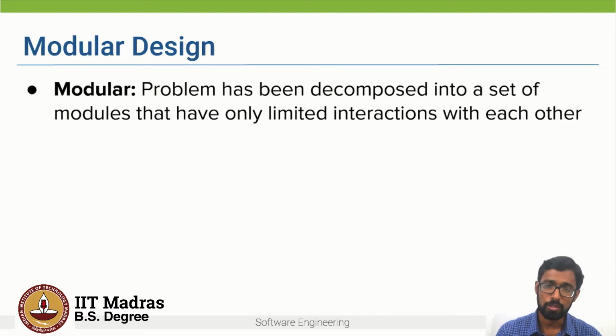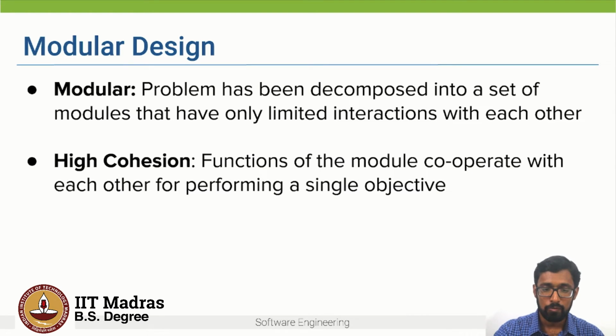Then we looked at two terms, cohesion and coupling. When the functions of the module cooperate with each other for performing a single objective, then we say that the module has high cohesion. Whereas if the functions of the module do very different things and do not cooperate with each other to perform a single piece of work, then that module has very low cohesion.